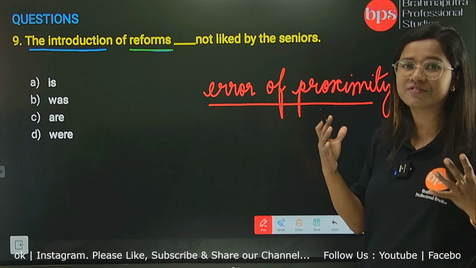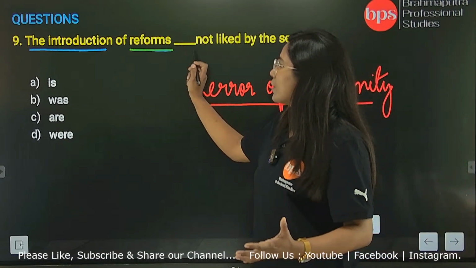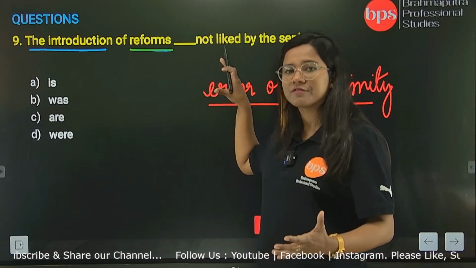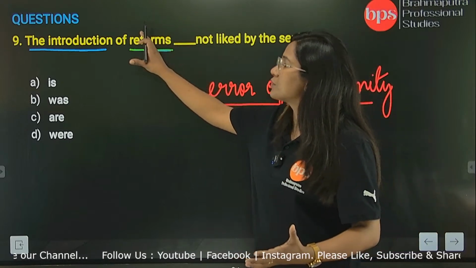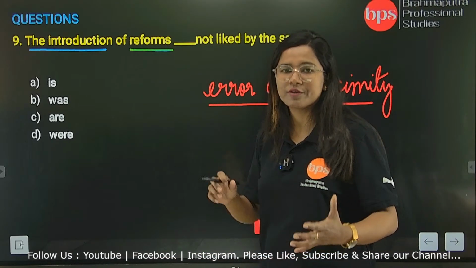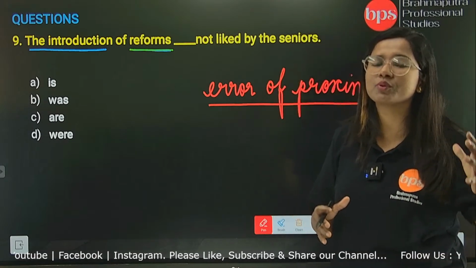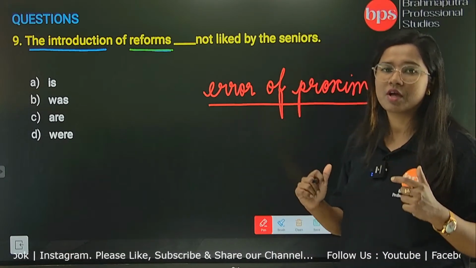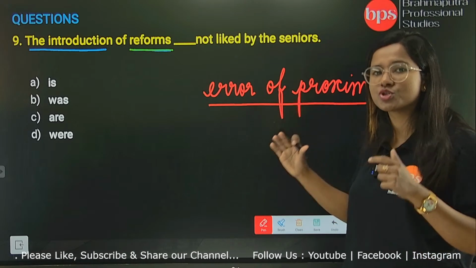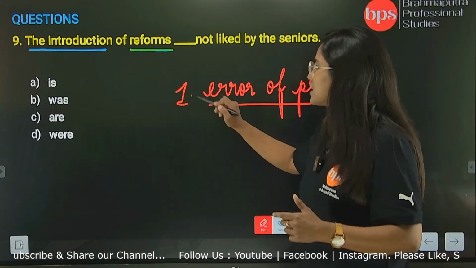Where the blank is there or where the verb is to be put, we refer to the nearest word or subject which is in plural form or which is near to the verb. So this is the mistake which we usually commit.